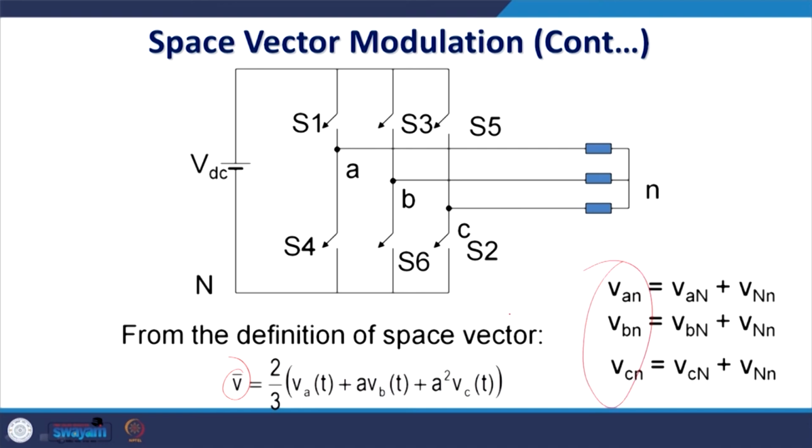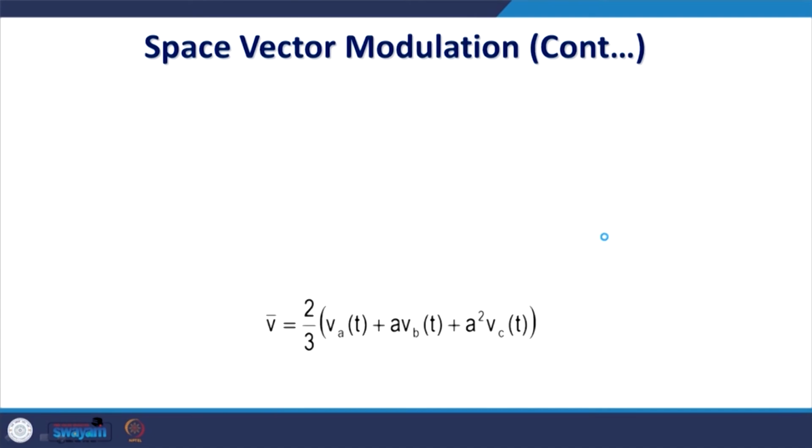So, it is VAN once you switch on with respect to this, it is VAN plus VNn. Similarly, you have VBN, this voltage equal to VBN plus VNn, and this is VCN plus VNn, and ultimately this is the common mode voltage, it is called VNn. Thus, you can cancel it once you add up.